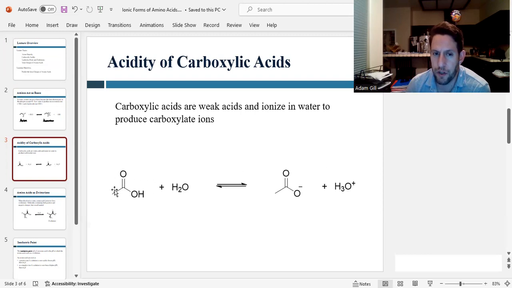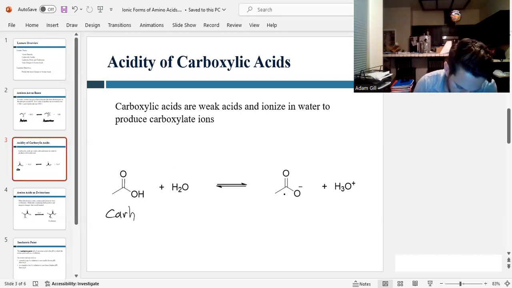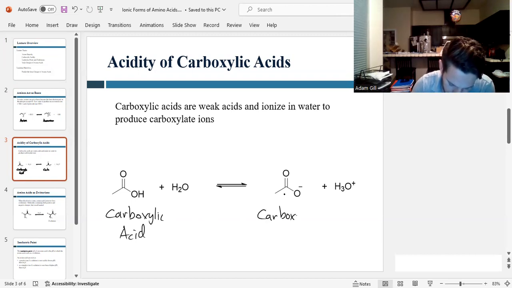So when you dissolve a carboxylic acid in water, it can give away its hydrogen and become a carboxylate. So carboxylic acid is the neutral form with the hydrogen. And when it's negatively charged, we call it a carboxylate. So these are old reactions.